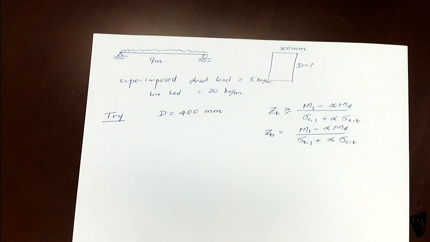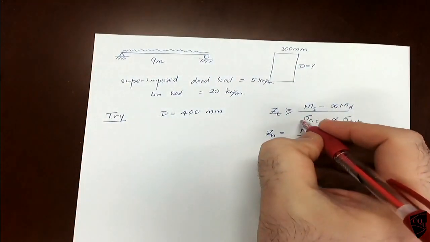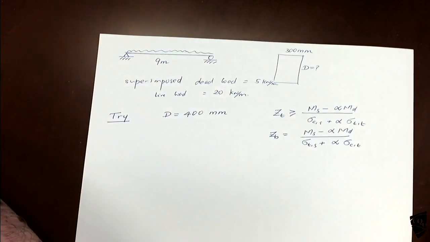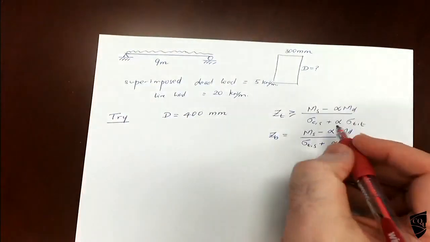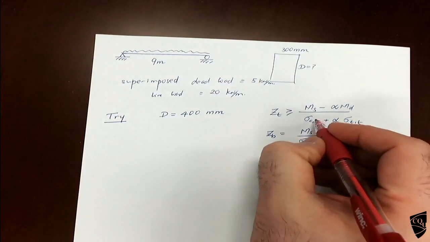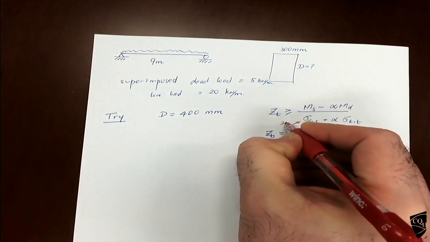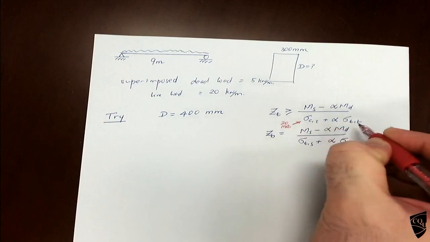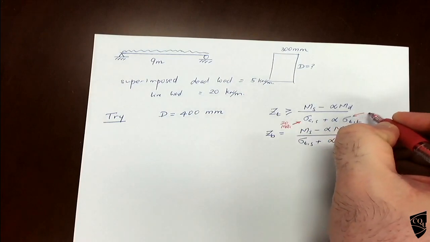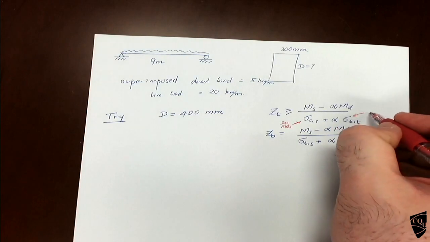So if you look at these two, all these values are given. So this is compression at service, 20 MPa. And this one is tension at transfer, 2.5.